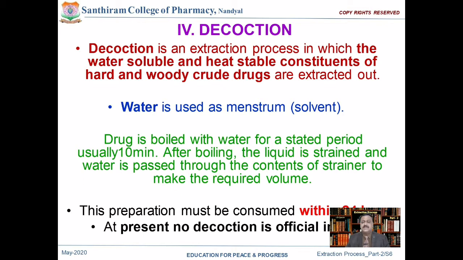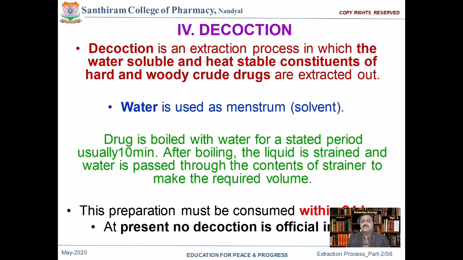And at present there are no official decoctions in the British Pharmacopoeia. There may be a few official in other pharmacopoeias, but in the British Pharmacopoeia no official decoction is present. Maybe a few are there, that may be unofficial.